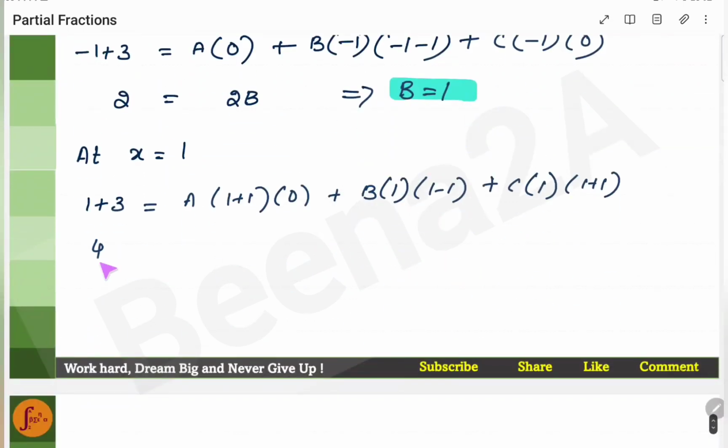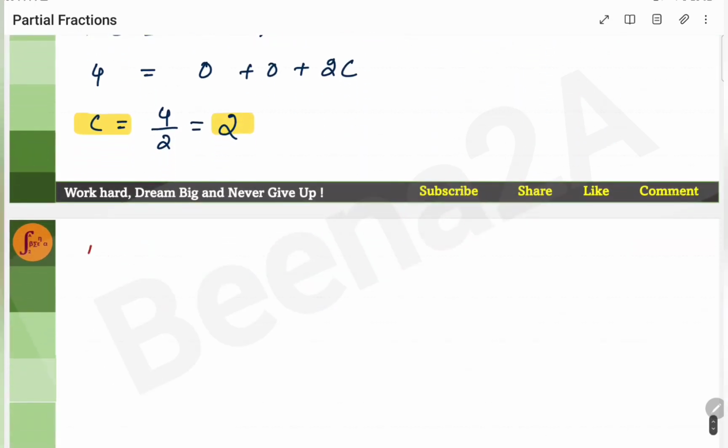So 4 is equal to, this will become 0, this will also become 0, this is 2c. So c will be 4 by 2, which is 2. So c is 2.